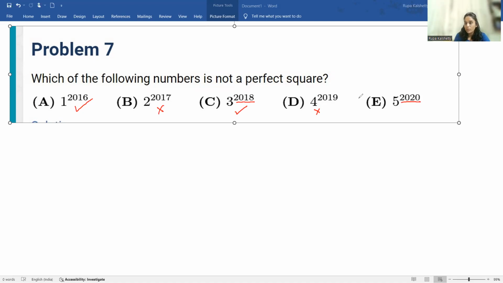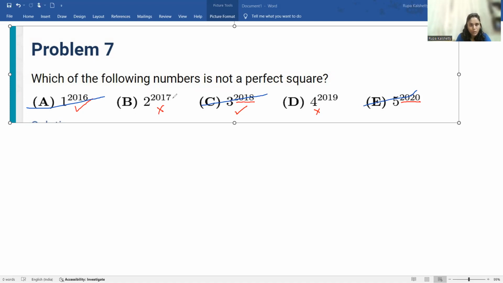They're asking us to choose one option, and we are looking for which is not a perfect square, so we cross out option A, option C, and option E, because they all are perfect squares.